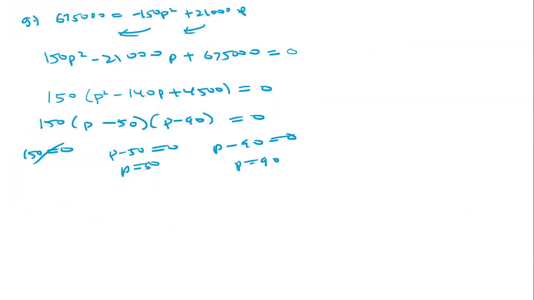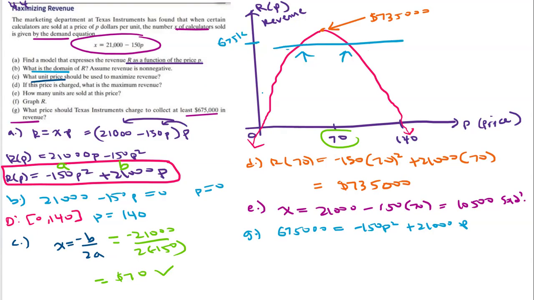Over here, right? This is what we got. So P equals 50 and P equals 90. So if we sold between 50 and $90, then our revenue would be at least $675,000.